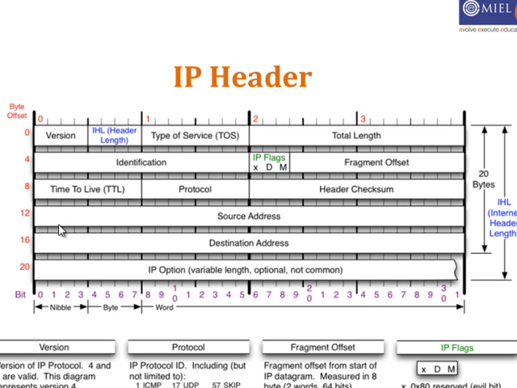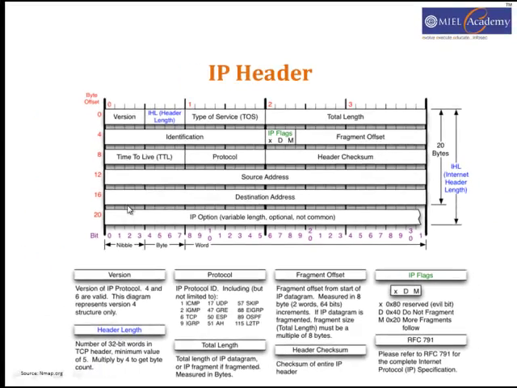The next 32 bits talk about the sender's IP address, and the next 32 bits talk about the destination or the receiver's IP address. After that, there are some configurable options, which are not used regularly. So this forms your internet protocol header.